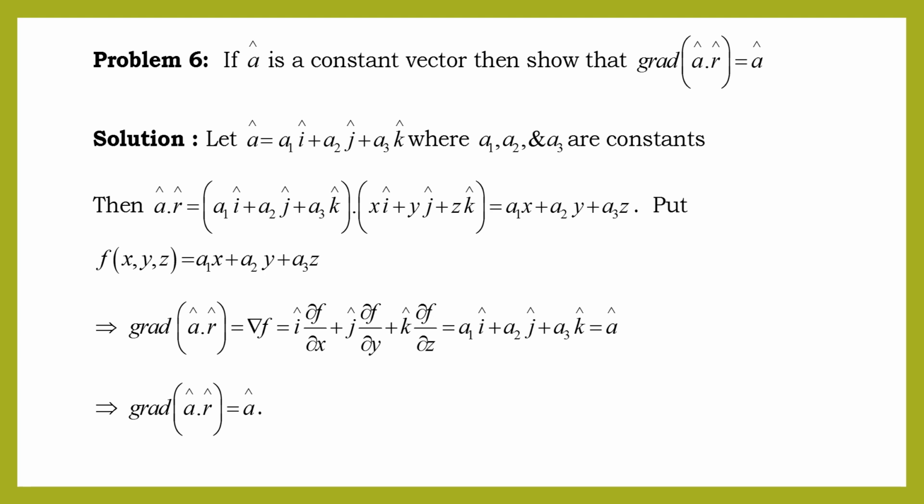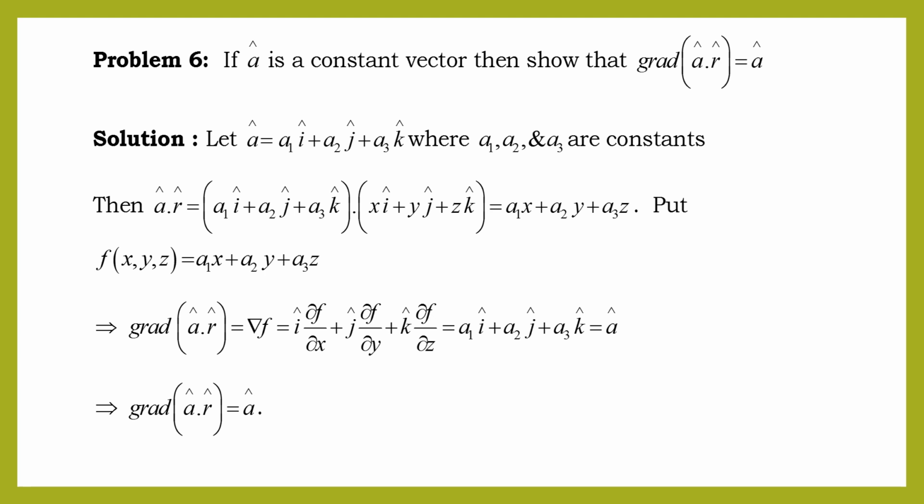If we observe here, a cap is a vector, r cap is a vector, but their dot product a cap dot r cap equals a1x plus a2y plus a3z is a scalar. It's a scalar point function. So we can apply gradient or del to this scalar field a cap dot r cap.